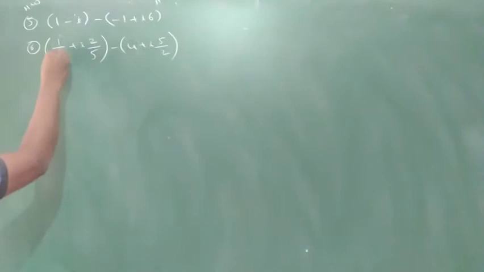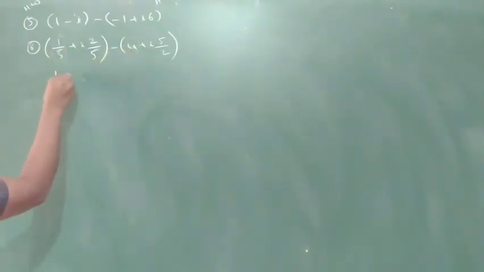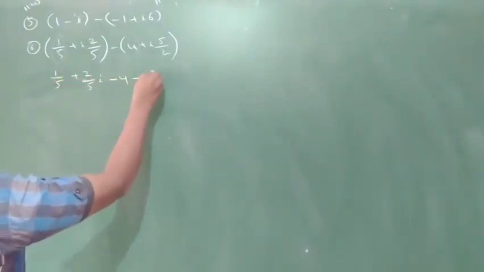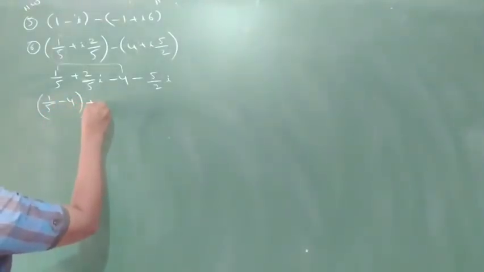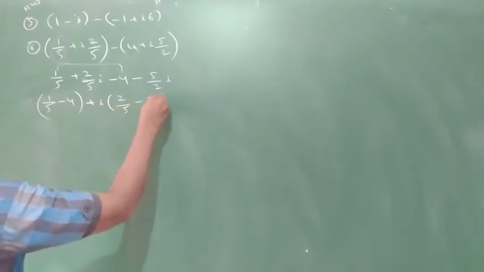First, separate 1 by 5 minus 4. Next, 1 by 5 plus 2 by 5 into i, minus 4 minus 5 by 2 into i. First, remove the brackets. Next, real parts: 1 by 5 minus 4, one bracket, plus i common, both imaginary terms, 2 by 5 minus 5 by 2.